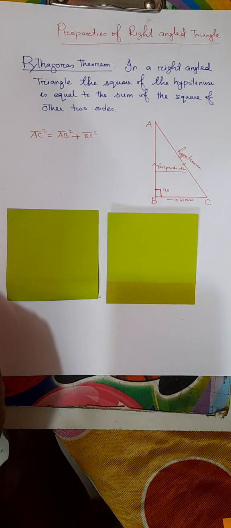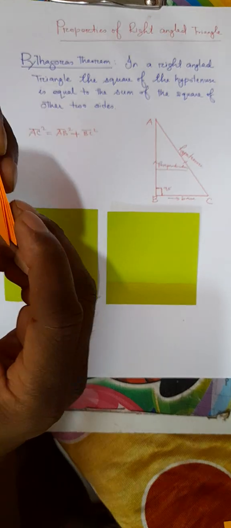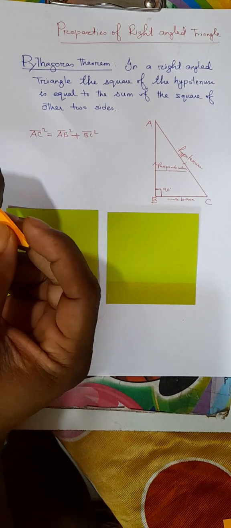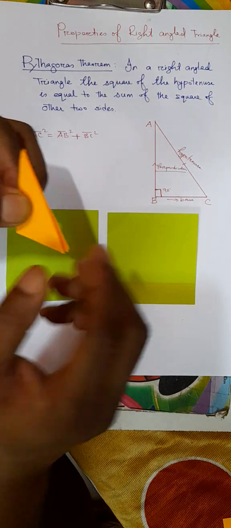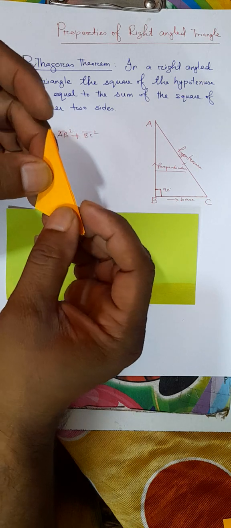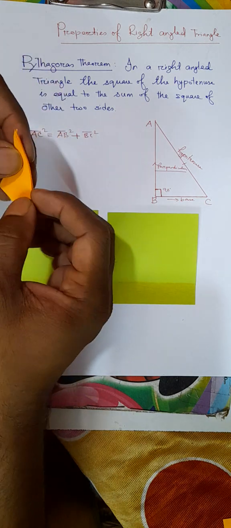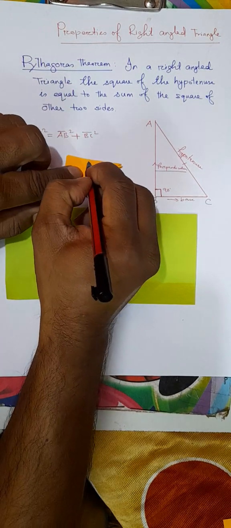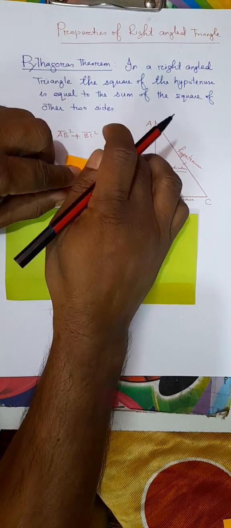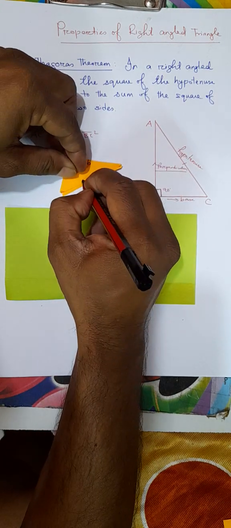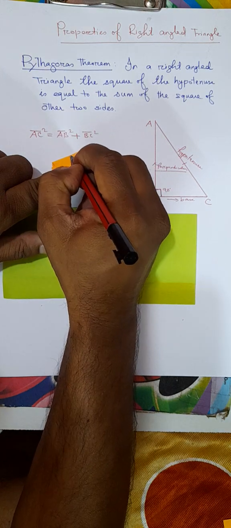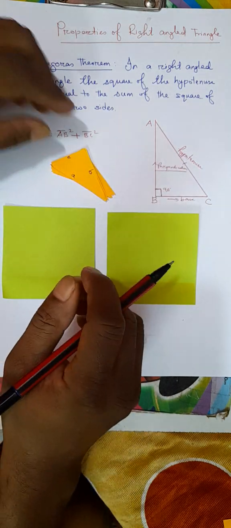Now let us consider these 8 right angle triangles. To prove this property, we are considering 8 right angle triangles here. You see, all these triangles are identical. Now suppose this side is b, and hypotenuse is a, and other side is c, right?